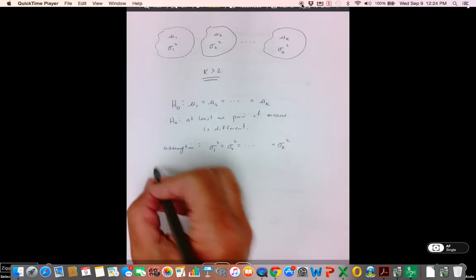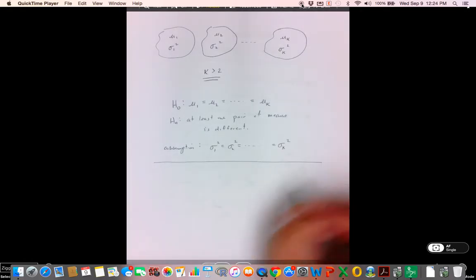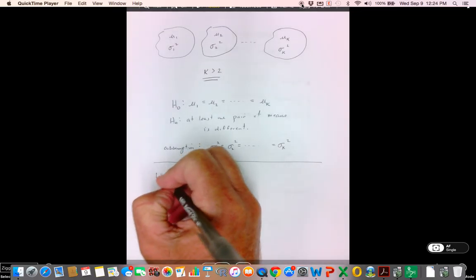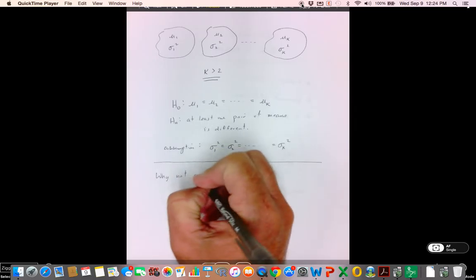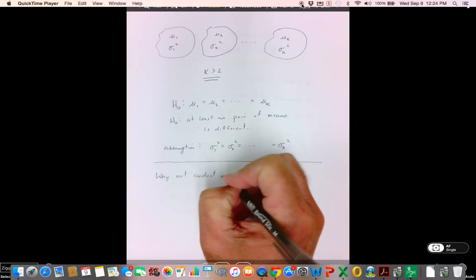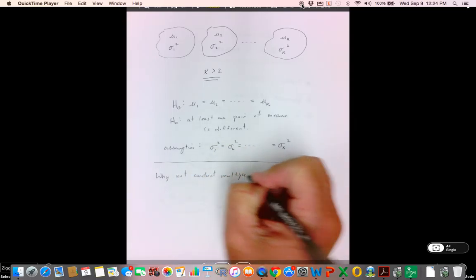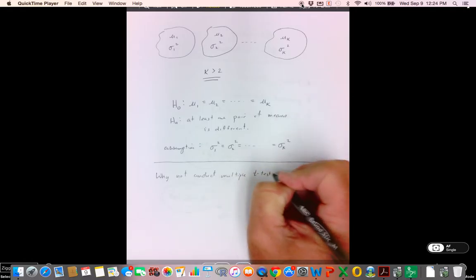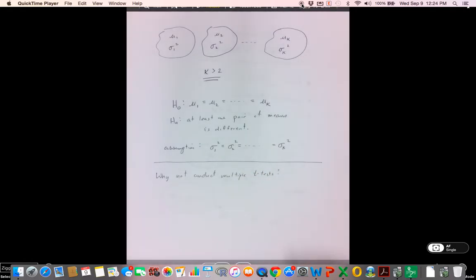All right, now a lot of people say, well, why do we need this fancy ANOVA test? Why not just conduct multiple t-tests? Well, the answer is multiple t-tests inflate what we call the family-wise type 1 error rate.